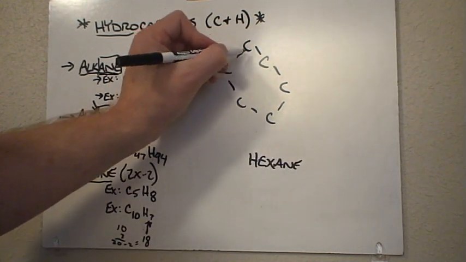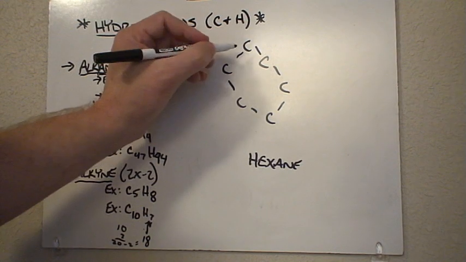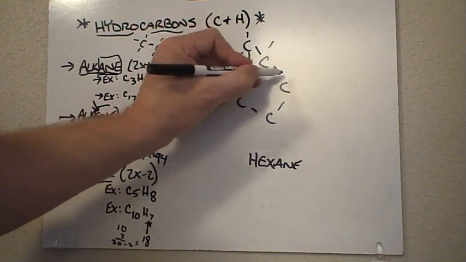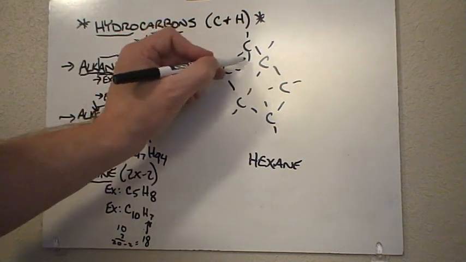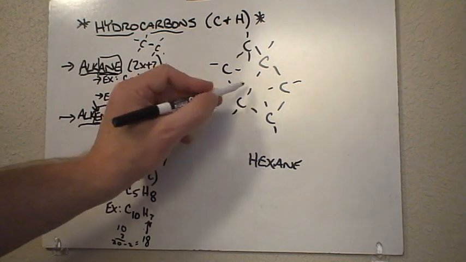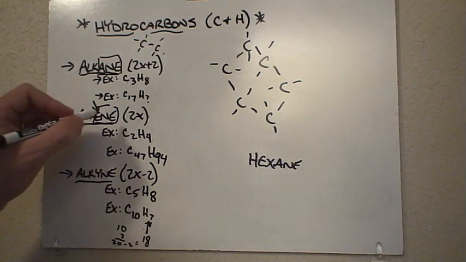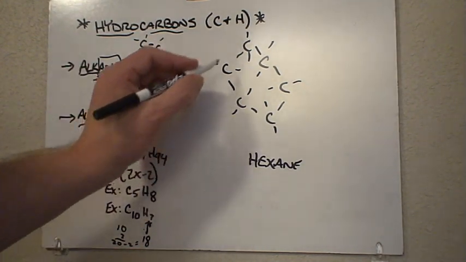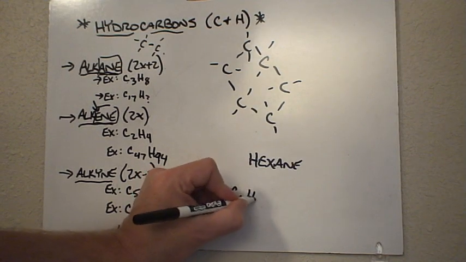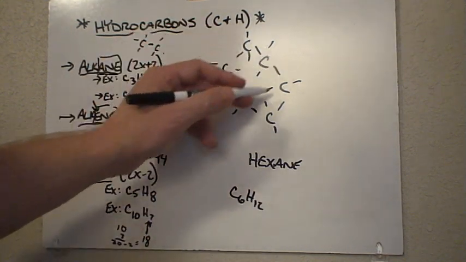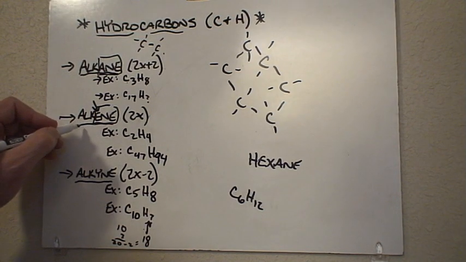But notice, if I form them all up in a ring, which they commonly do, we see that the number of hydrogens, if I were to count them all up, I have 1, 2, 3, 4, 5, 6, 7, 8, 9, 10, 11, 12, not 14. So how do we know as a reader that C6H12 is actually all single bonded versus an alkene with a double bond?